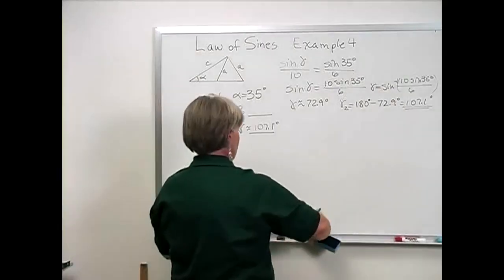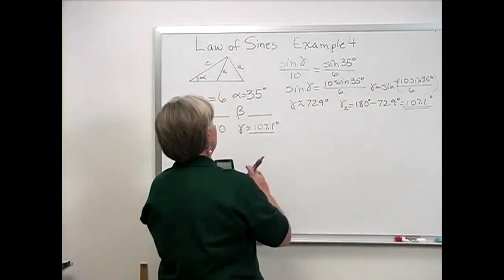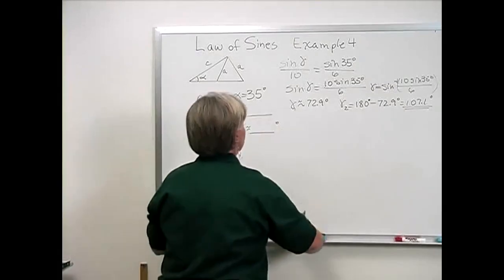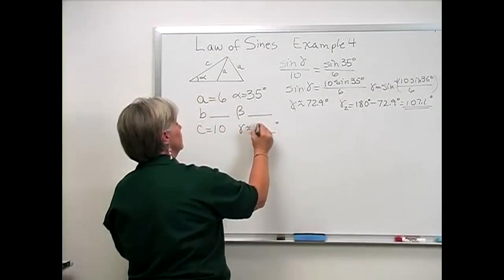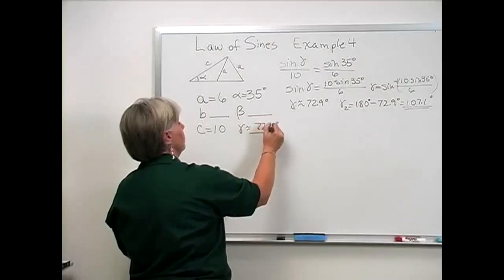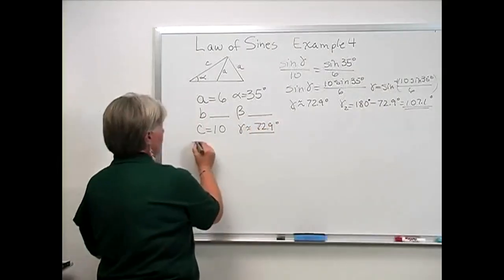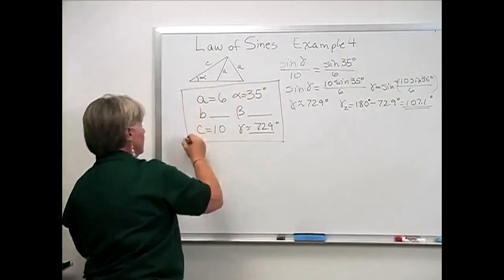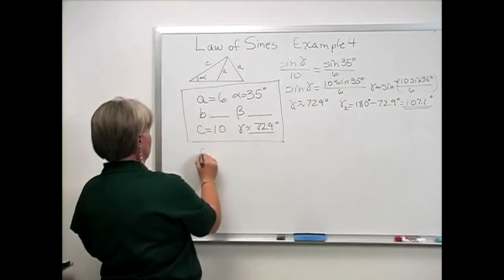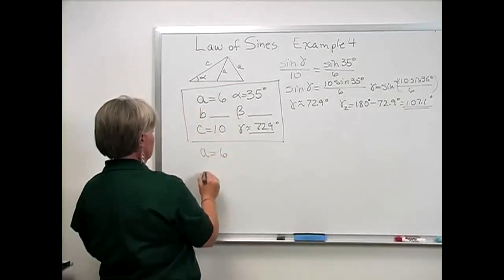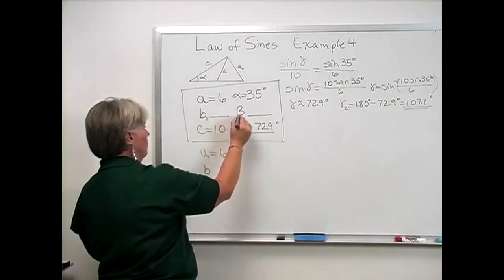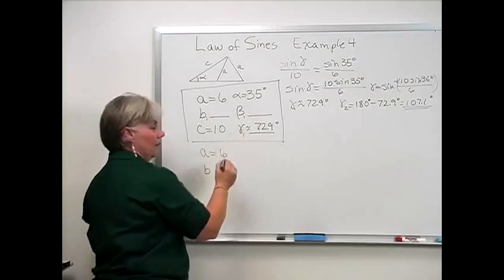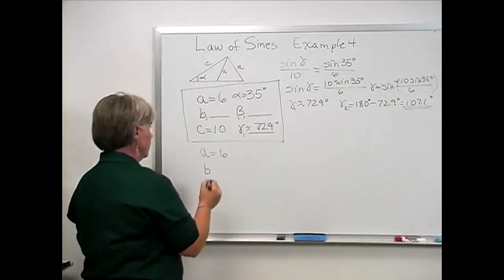So we're going to make another chart here with our data. So we'll put back here, we have that this is 72.9. And now, all right, so this is going to be triangle 1. And we're going to have triangle 2. So we know that A is 6. I'm going to call that beta B1 and this beta 1 and that gamma 1 just to keep myself straight so I don't get confused.